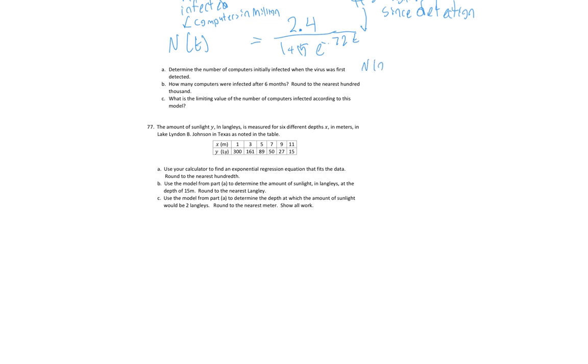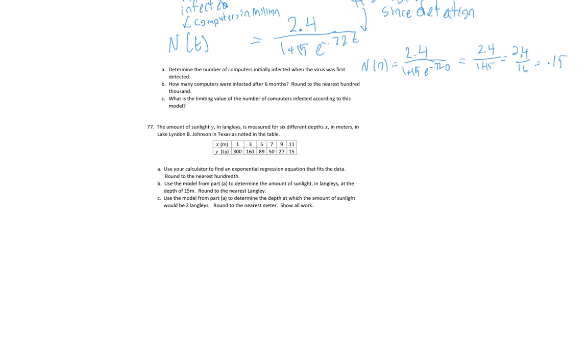So N of 0 is going to be 2.4 over 1 plus 15 e to the negative 0.72 times 0, and e to the 0 is just 1. Anything to the 0 is 1. And 15 times 1 is just 15, so 2.4 over 1 plus 15. So 2.4 over 16, I believe, is 0.15.